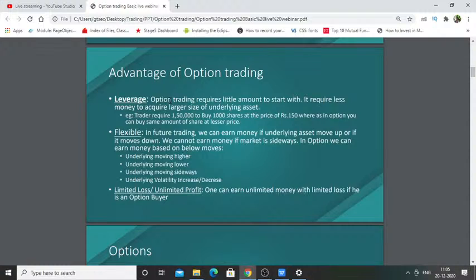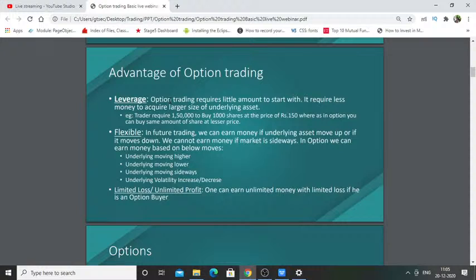For example, if a particular stock is trading at 150, to buy 1000 shares you will require a capital of 1.5 lakh. But if you do the same thing in options, the amount required will be only around 5,000 or 10,000.